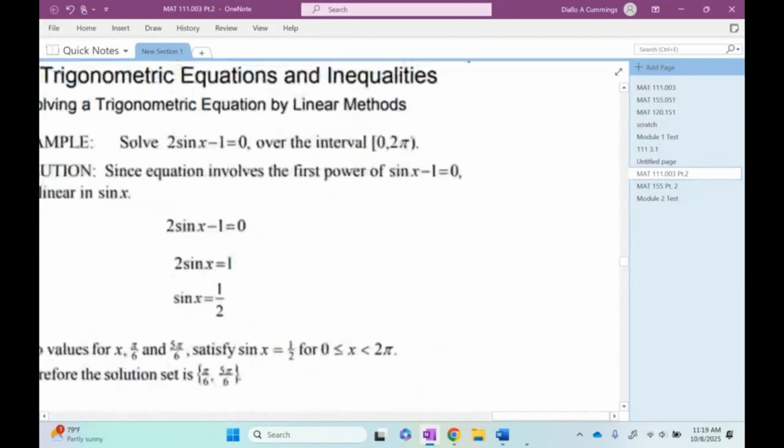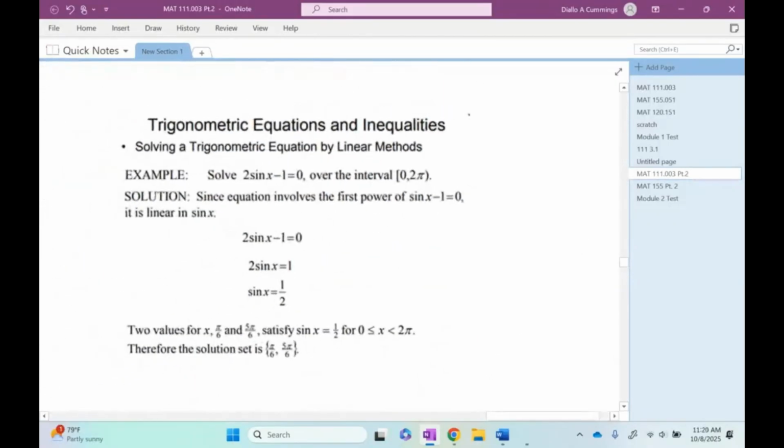On the notes itself, and we worked this one out last time, but I'm just putting a solution here. It says solve 2 times the sine of x minus 1 is equal to 0 over the interval from 0 to 2 pi. So you want to keep in mind that the solutions are angle measures. If they give you degree measures to start, you should answer in degree measure.